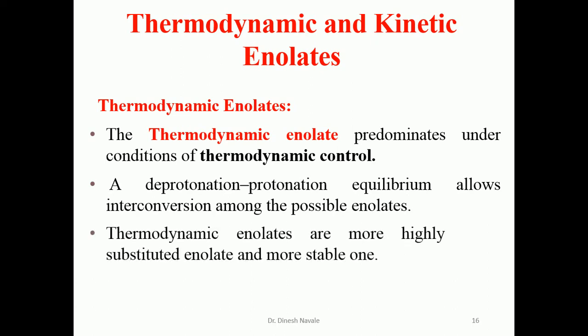Thermodynamic enolates are the more highly substituted enolates and the more stable ones. In the case of an unsymmetrical ketone, there might be the presence of two alpha carbon atoms with alpha hydrogens. In that case, the base picks up the proton from the alpha carbon atom that leads to the formation of the more substituted enolate and the more stable enol.